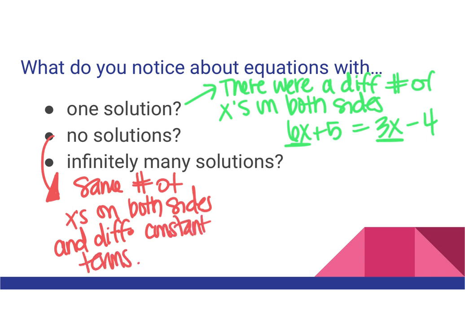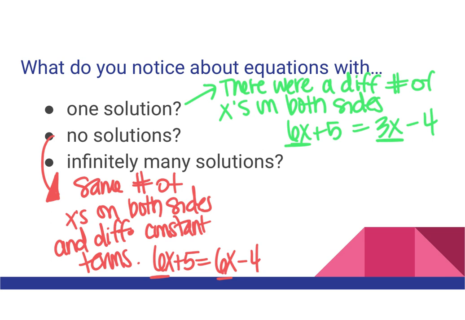So let's look at an example. We'll use a similar example. Let's say I have 6x plus 5 is equal to 6x minus 4. So in this case, we have the same number of x terms, but our constant term, that number by itself without a variable, they're different, okay? So in this case, it's going to be a no solution.